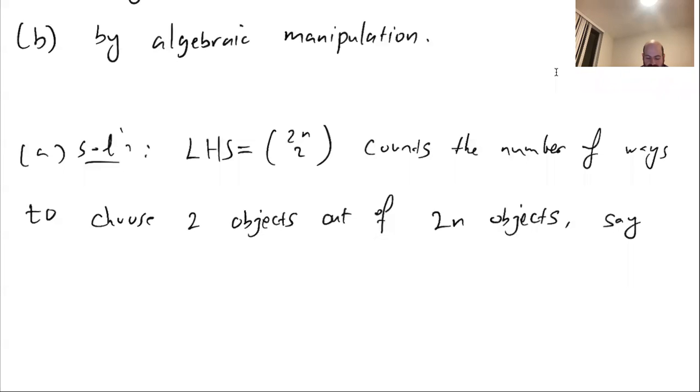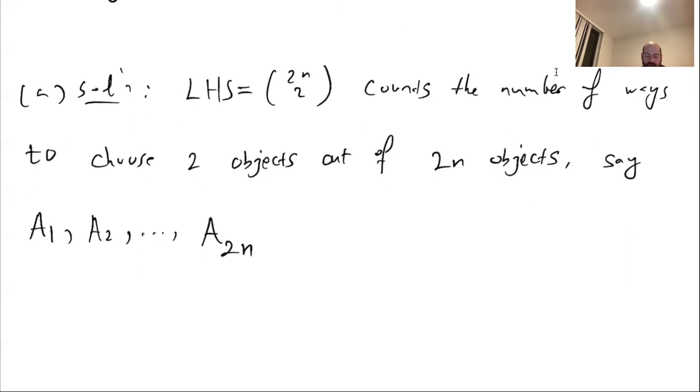Let's assign letters to them. For example, I can call them A1, A2 to A2n. 2n objects, and I want to choose 2 of them. In how many ways can I do that? In 2n choose 2 ways. Now, if I show that the right-hand side is also the number of ways to choose 2 objects out of these 2n objects, then the identity will be proved.